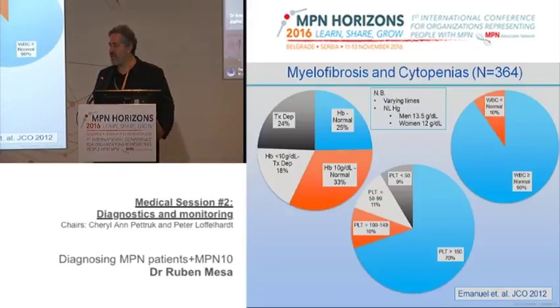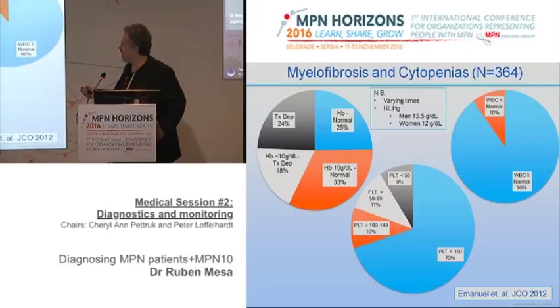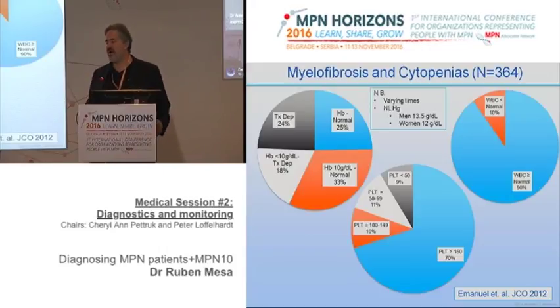Now, as we look at low blood counts in this mix as to how they contribute how we feel, it's important to recognize that the majority of drop in the counts that we deal with are around anemia. Only about a quarter of patients with myelofibrosis may have a normal hemoglobin. A drop in the platelets is present in about a third of patients, and drops in the white blood cell counts are very uncommon.